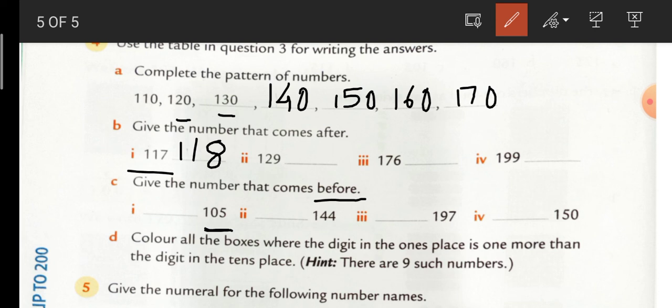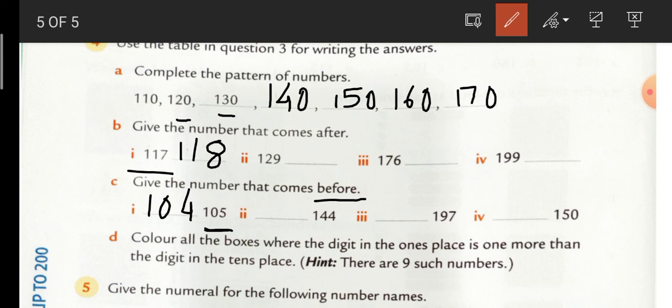Yes, so before 105 you will get 104. Children, I am not solving all the sums because you have to solve the remaining ones on your own. Okay, they are very easy, so you can very easily do them.